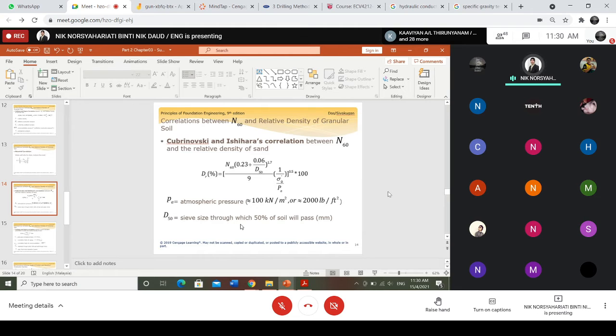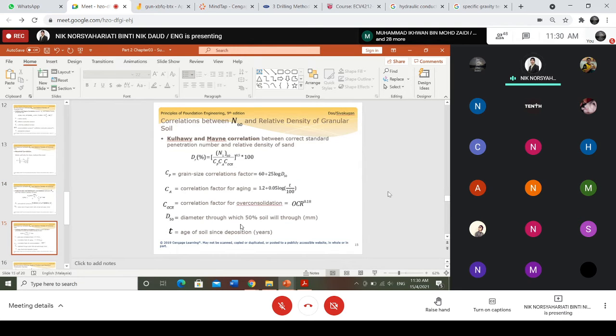But then of course it goes back to your case study or your question, which one is the best equation that you want to use? Right. So this is number 3, the correlation or equation that can be used in order to correlate between N60 and relative density. Number 4 is the Kulhawy and Mayne correlation.